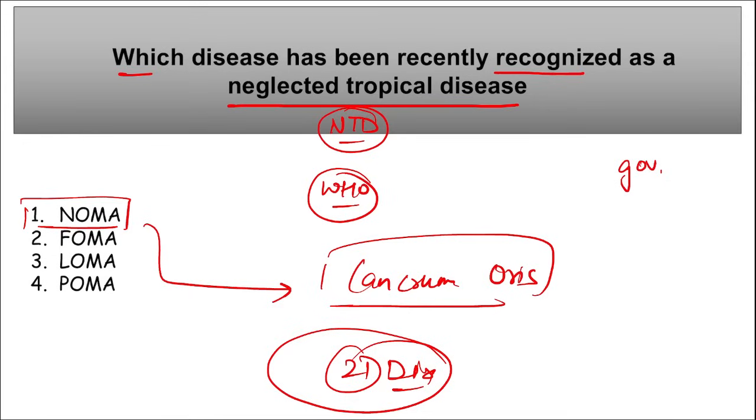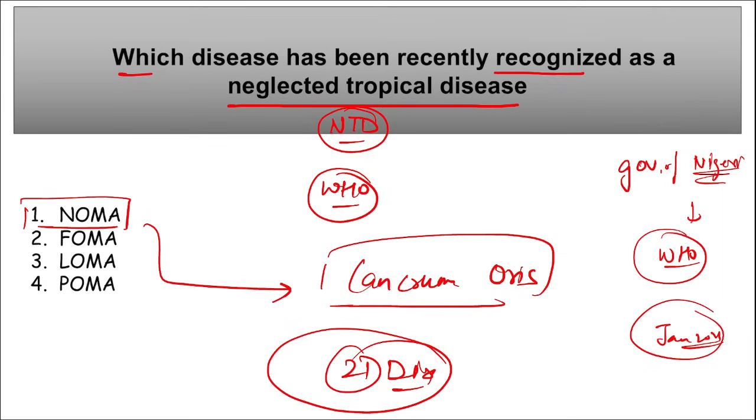The initiative to make sure that Noma is recognized as a neglected tropical disease was started by the government of Nigeria. The official request to the WHO was submitted in January 2023 by officials of the government of Nigeria.